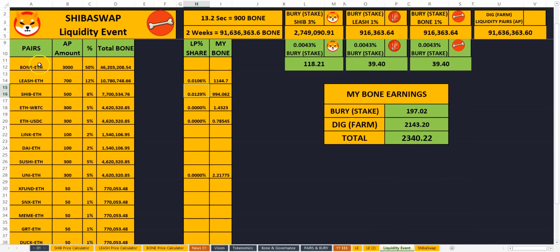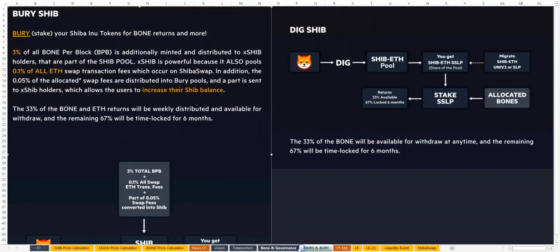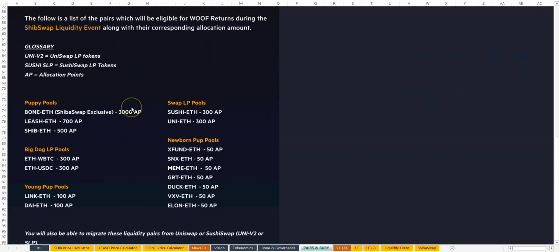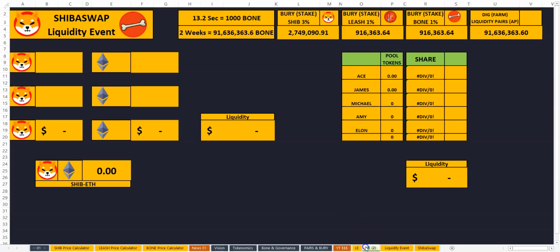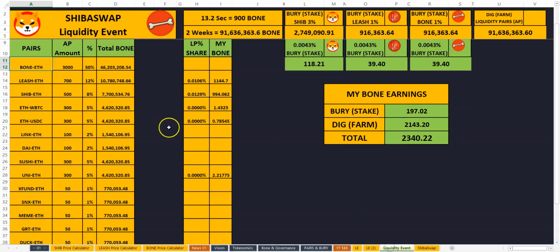Over here, these are all the pairs. All I've done here is convert this data from the WOOF paper onto a spreadsheet just to make it easier. So all these are pairs of tokens, and their weighted amount, what's called an allocation pairing.